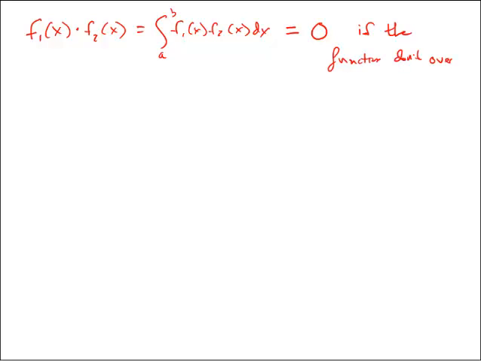So that might be a little abstract still. So where can we find an example of this? Well, here's a very simple example. Let's say that f1, what did we use for f1? Green. f1 looks like that.